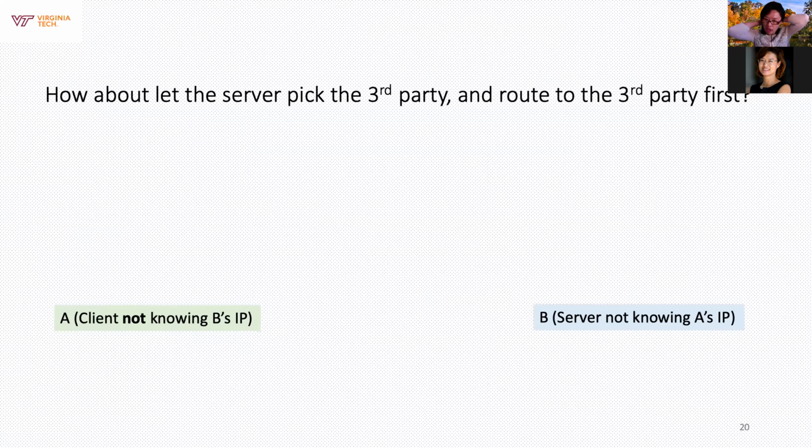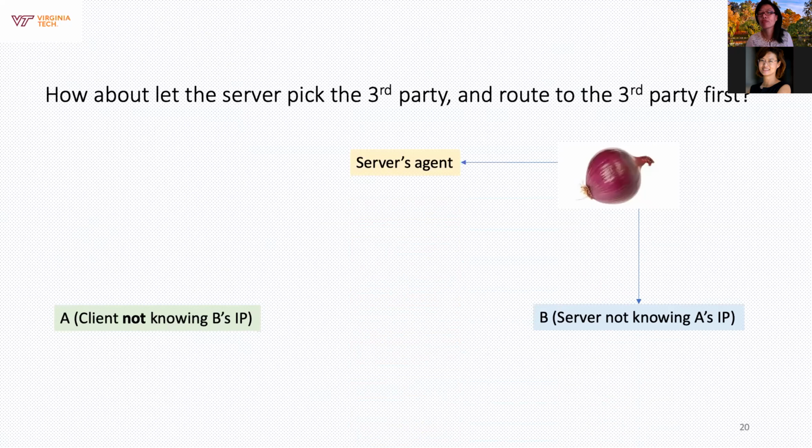So let's take a look to see how this can be done. The basic idea is to have the server pick a third party, and this is a special third party. Specifically, there are actually multiple third parties involved, but for now, think of this as the server's agent. The server ahead of time would onion route to the agent and publish the agent's IP address, so the client will be able to onion route to the agent.